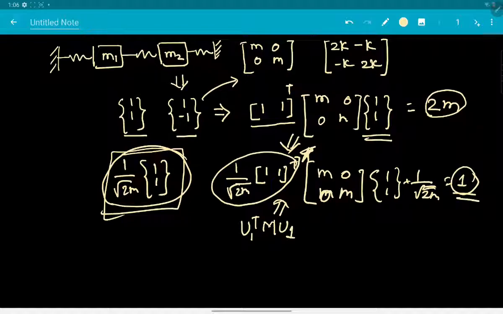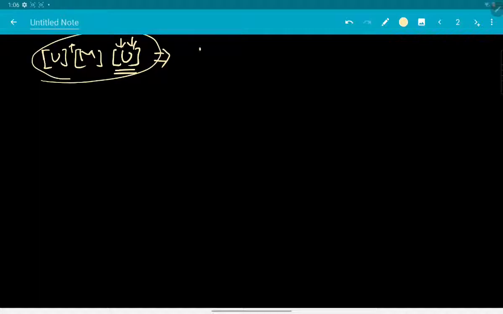So if you do this, that is u transpose m u, where all vectors in this u matrix are mass normalized, in that case you get this system as the identity matrix, right?